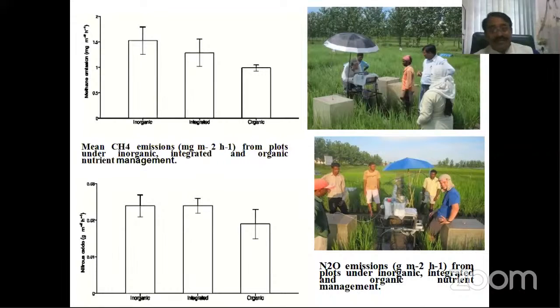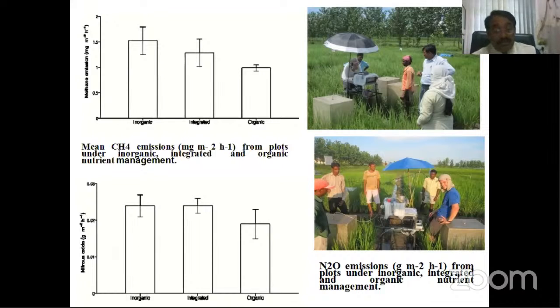Methane emission is far less. I told him it is also the experience in farmers' fields that whenever we continuously use organics, the soil will not be in a highly reduced condition. Until one week, if the soil is not in a reduced condition, methanogenic bacteria will not develop. So in the organic soil, continuous oxidation is maintained even in the rice field. That's why methane emission is low.